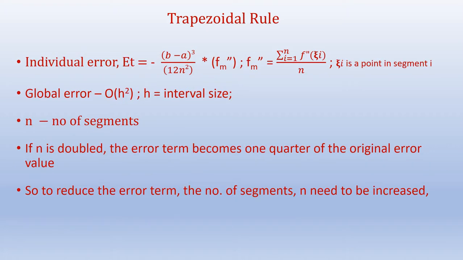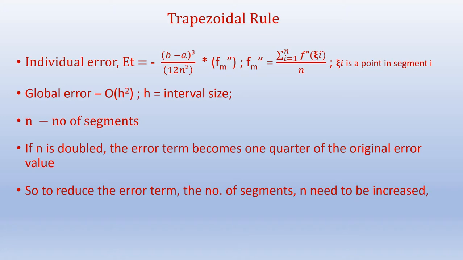The individual error is given as negative of b minus a whole power cube divided by 12n squared times f m double dash, where f m double dash represents the mean of the second derivative over all the points, which is equal to sigma i equals 1 to n f double dash of xi of i divided by n, where xi of i is a point in segment i.